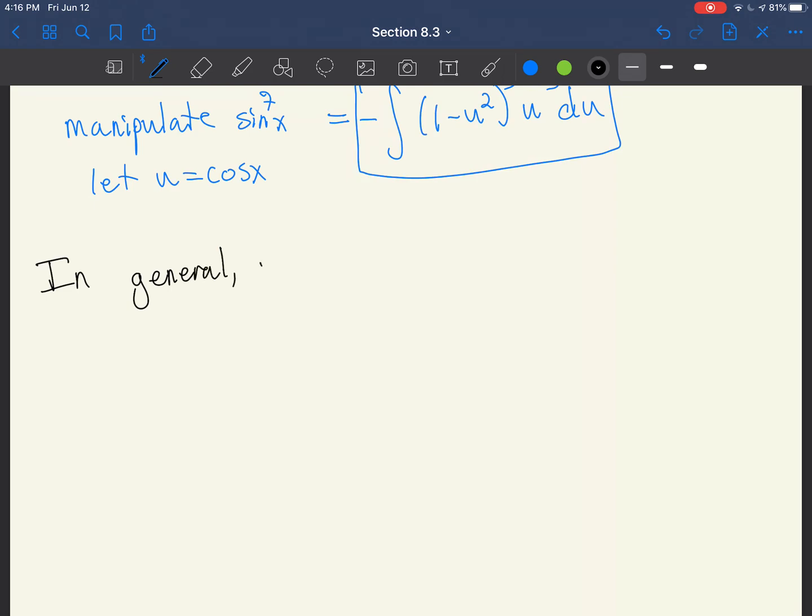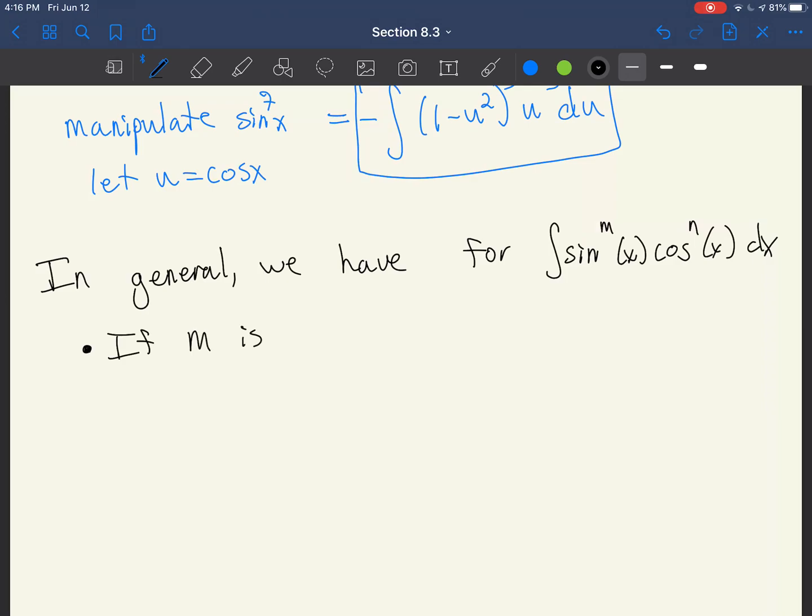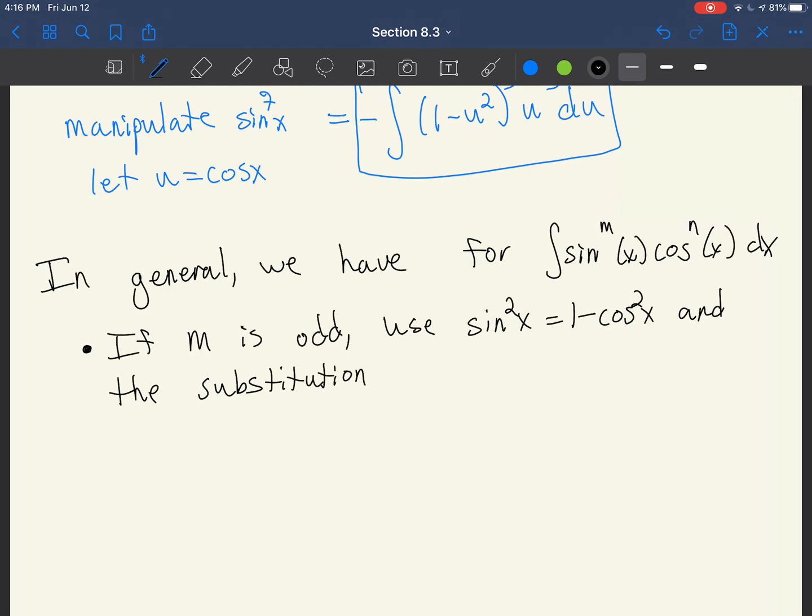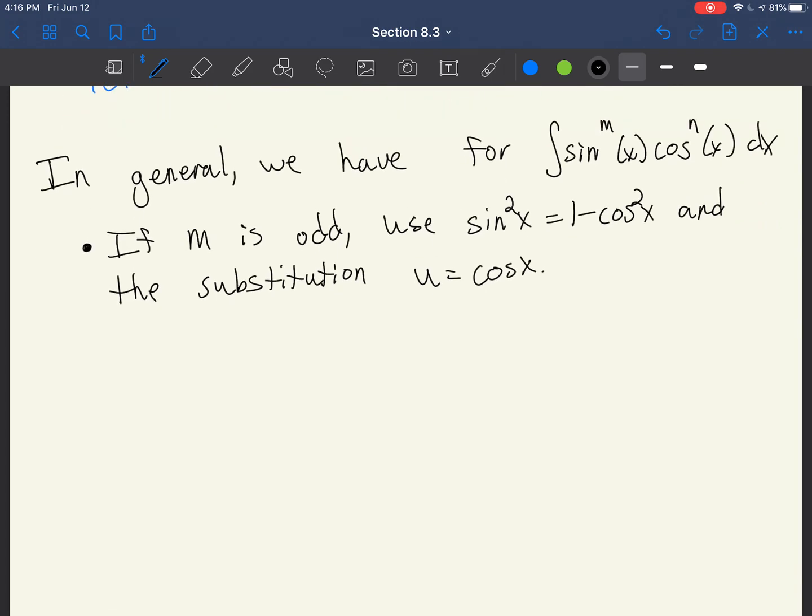So in general, let's just summarize what we have so far. For the integral of sine to the m x, cosine to the n x dx, if m is odd, we will use sine squared x equals 1 minus cosine squared x, and the substitution u equals cosine x.